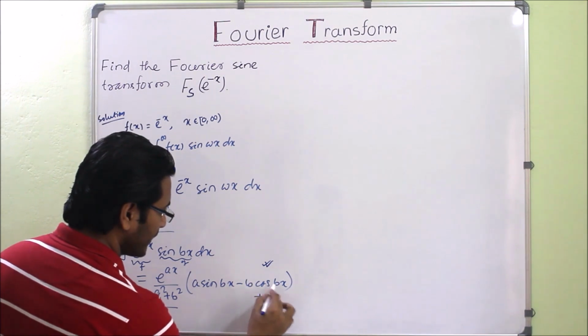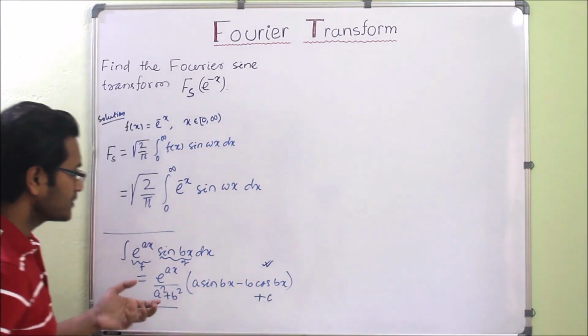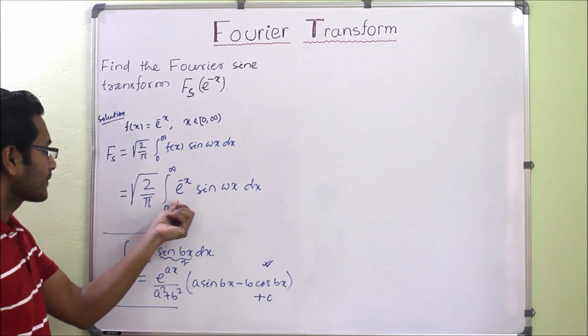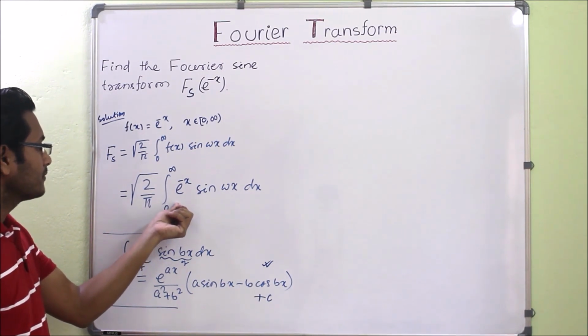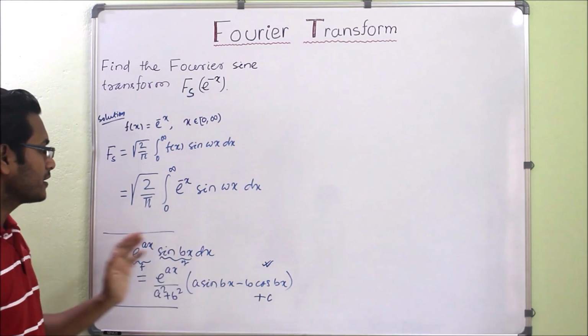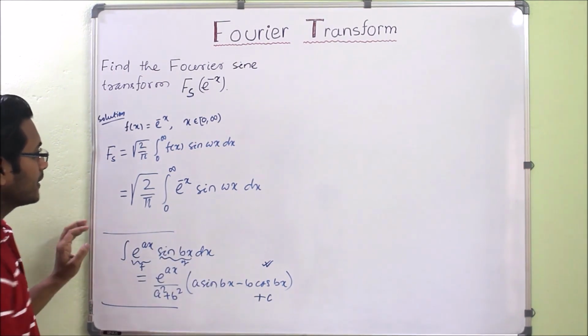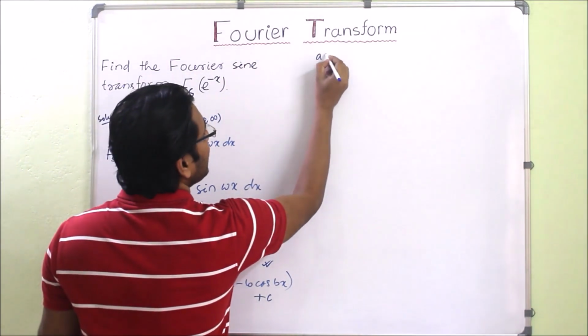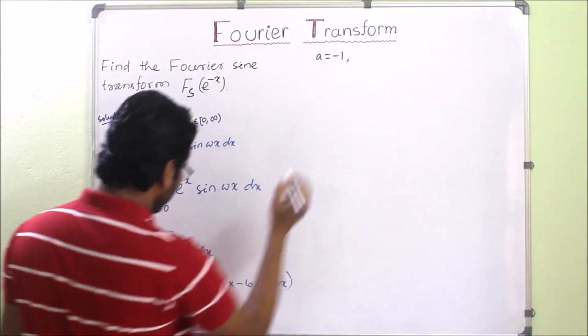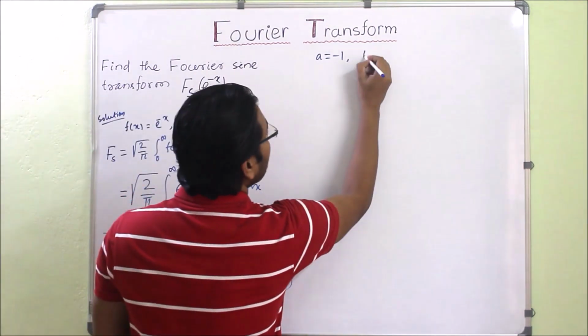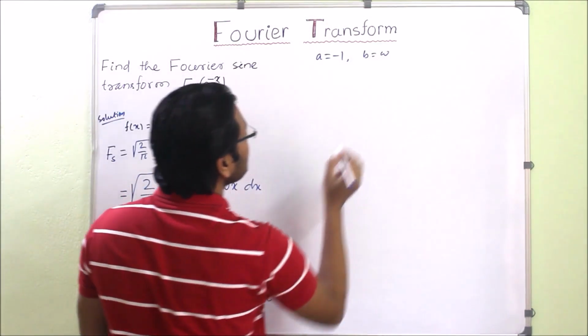As it is indefinite, there will be some constant, but in our problem we are solving and it involves limits, so there will be no c term. But here one thing you have to see, you have to compare. If we compare, you can see that a will be minus 1 and in sine bx, b will be w. So we will apply this formula now.